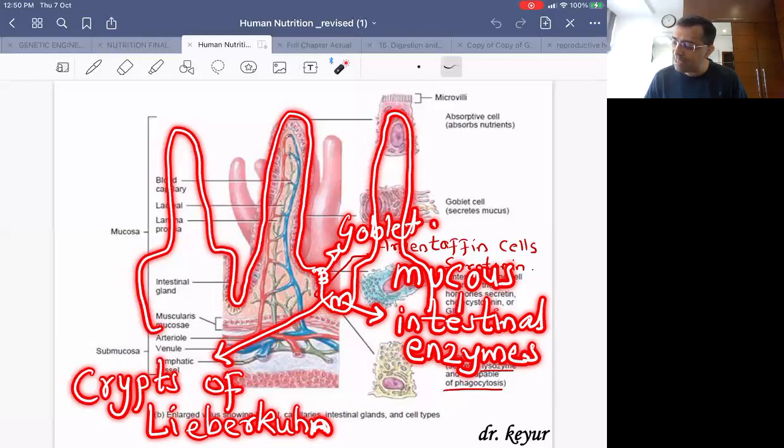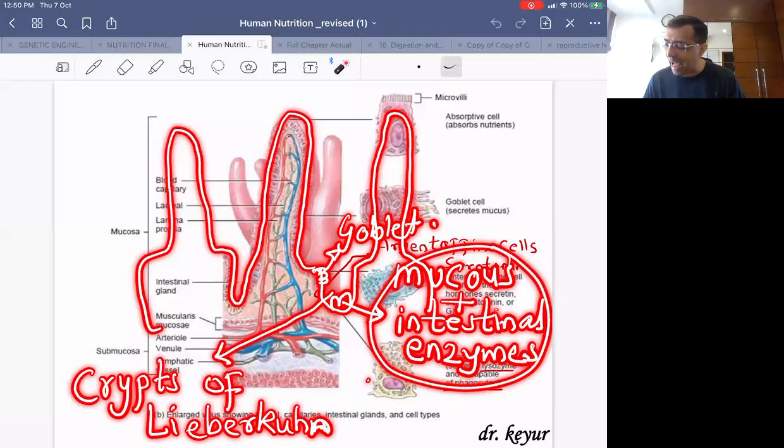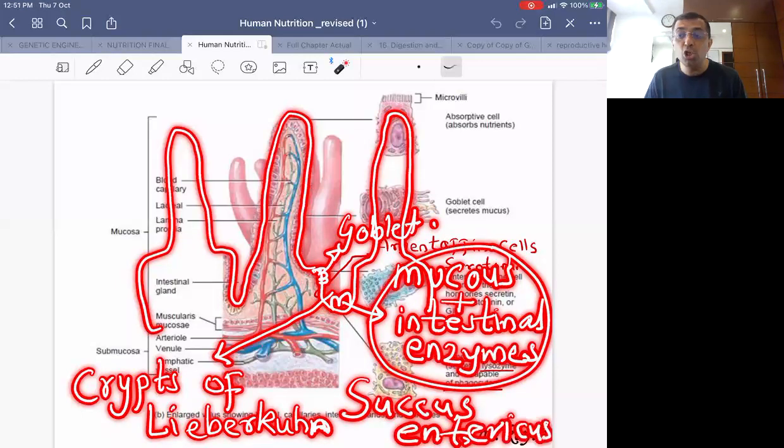This mucus plus intestinal enzyme is called succus entericus. Succus entericus, in simple words, intestinal juice. Succus, juice. Enteric, intestine.